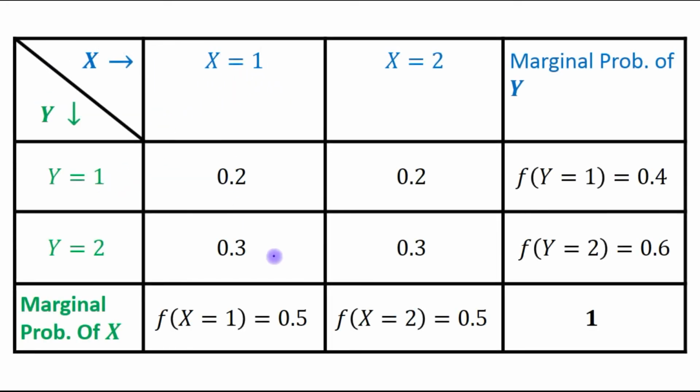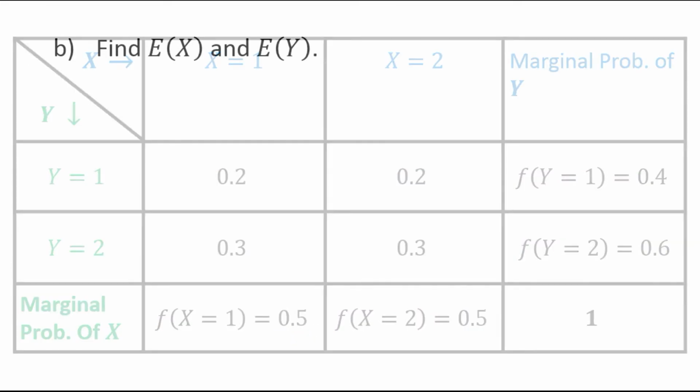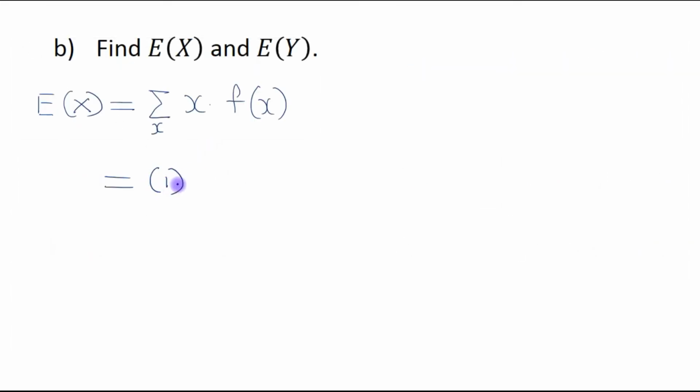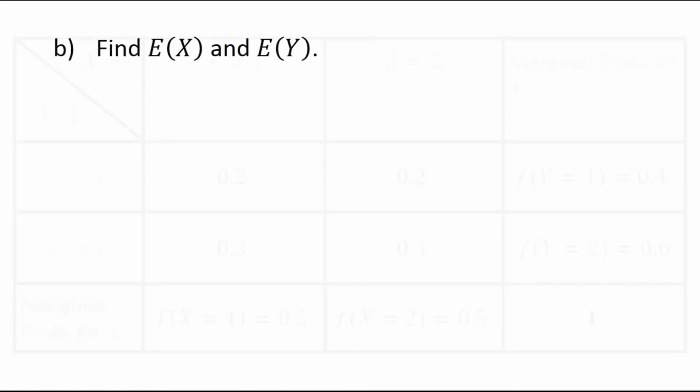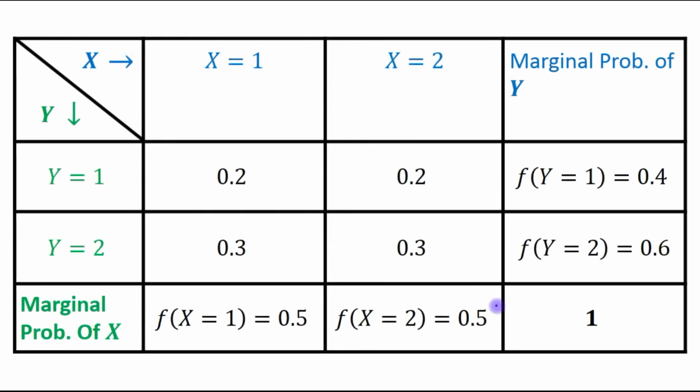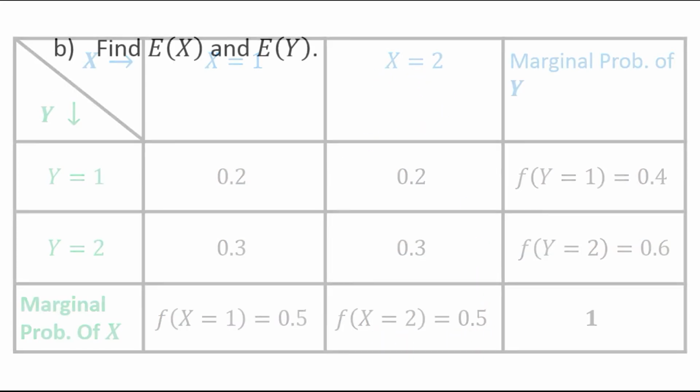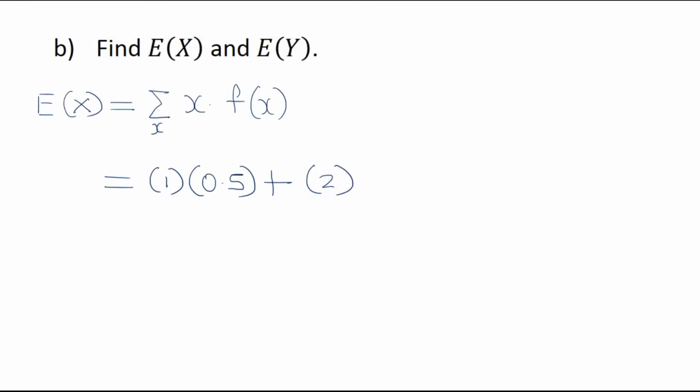So when x equals to 1, its probability is 0.5, plus, and when x equals to 2, again its probability is 0.5. So we will write 2 and 0.5. It is 0.5 plus 1, which is 1.5.